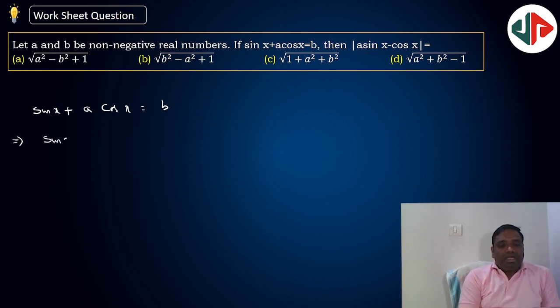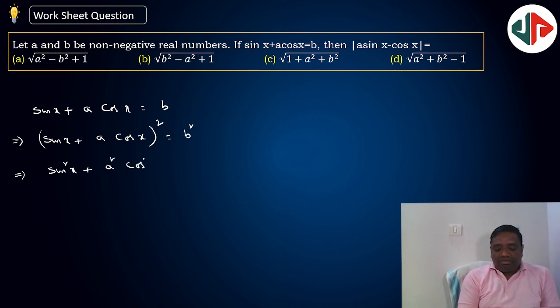It is nothing but sin x plus A times cos x whole square is equal to B square. If we simplify, this value is sin square x plus A square into cos square x plus 2 times sin x into A times cos x is equal to B square.